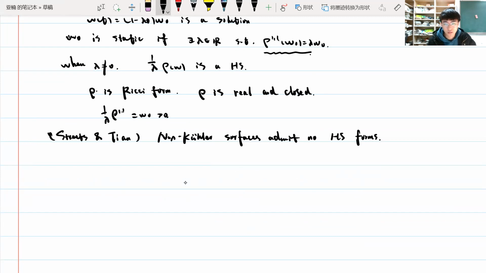This problem is not clear for the high dimensional case, and they ask a question.